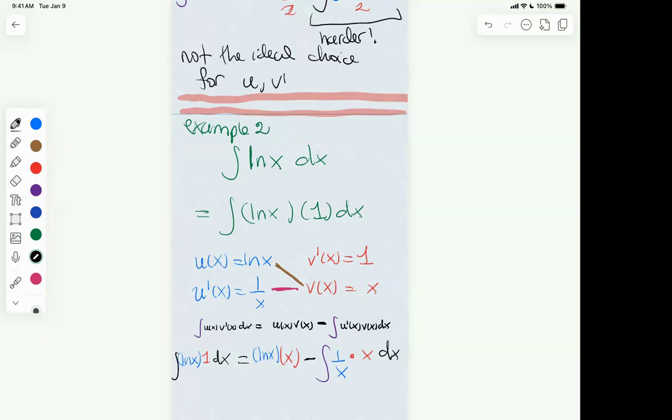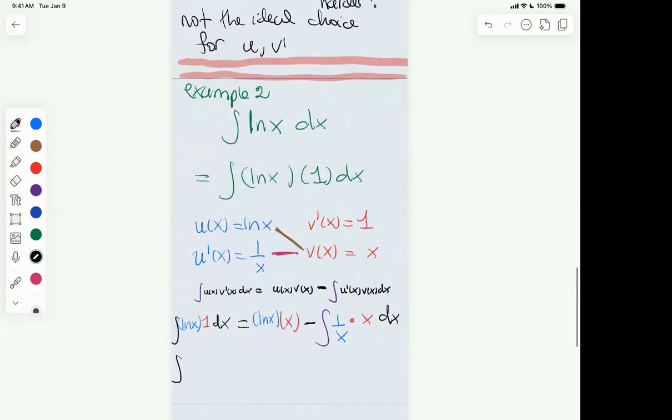It's kind of weird to have the x after natural log, so I'll just write it as x natural log of x minus the integral of one.